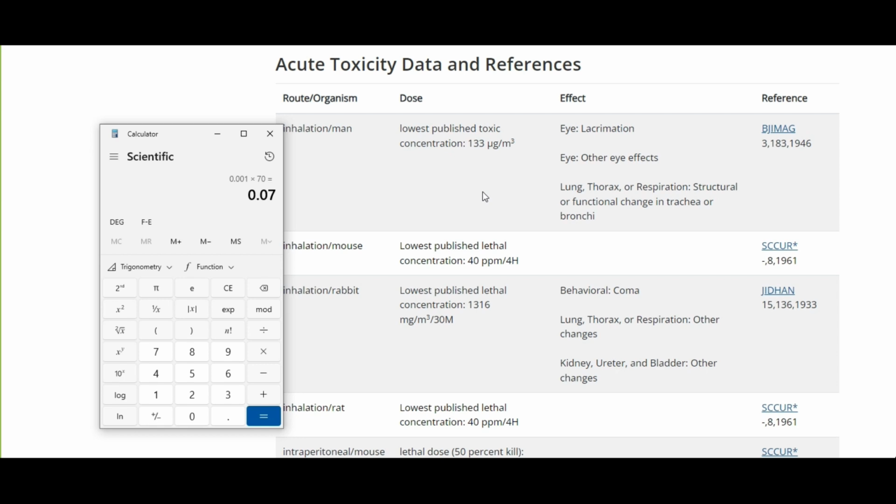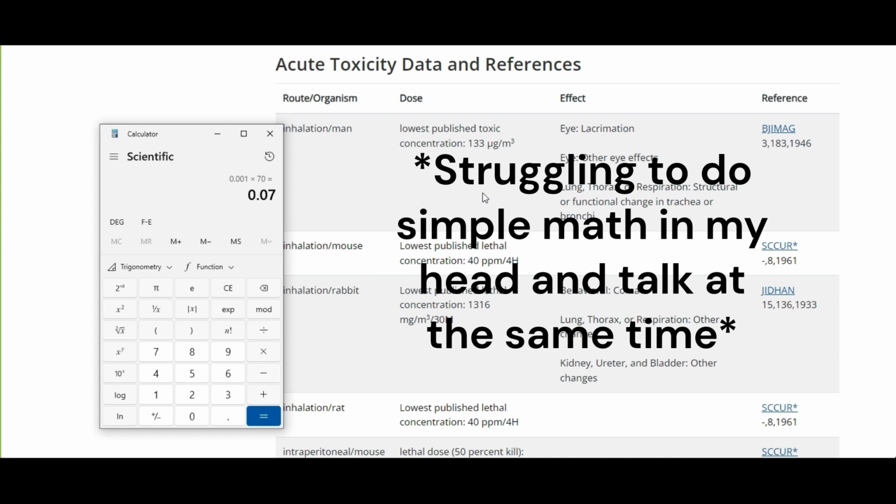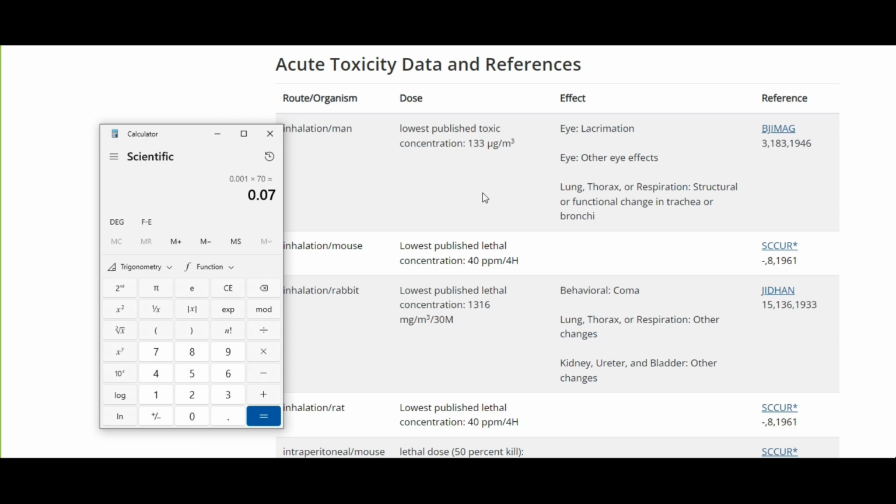And we get, over the rest of my life, 70 micrograms of osmium tetroxide. Yeah, that's a bit more than the odor threshold, isn't it? Yeah, that's slightly more than 3 times the odor threshold.